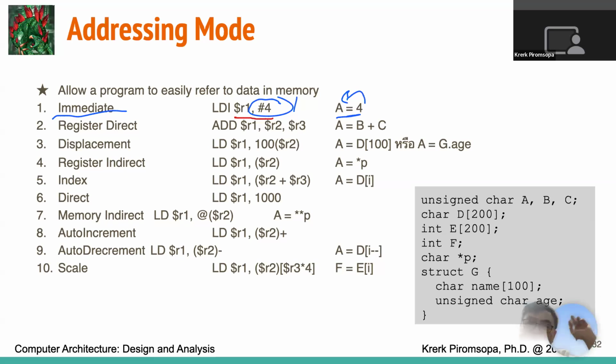Most architectures have it. Second mode, register direct. I want to add B and C, so specify B and C and the result A. Then register direct.